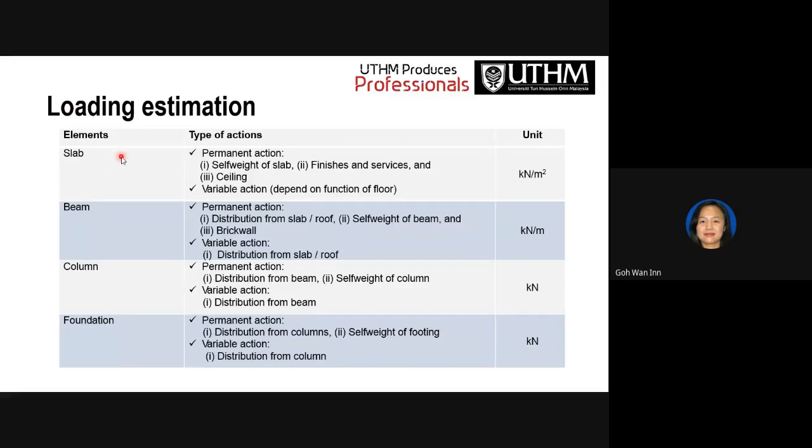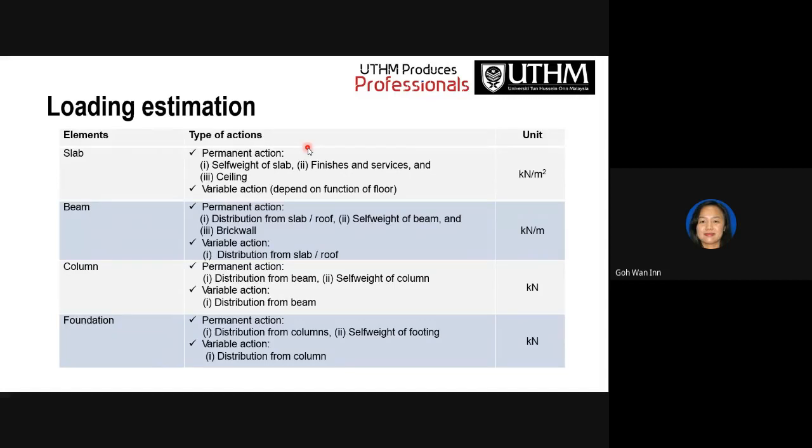For this subject, you will focus on the slab and the beam more, because we only learn until designing the beam. Column, you will learn in the next subject. For slab, you have the ground floor slab, first floor slab, rooftop, and so on. The permanent action means the dead load, it's not going to change.